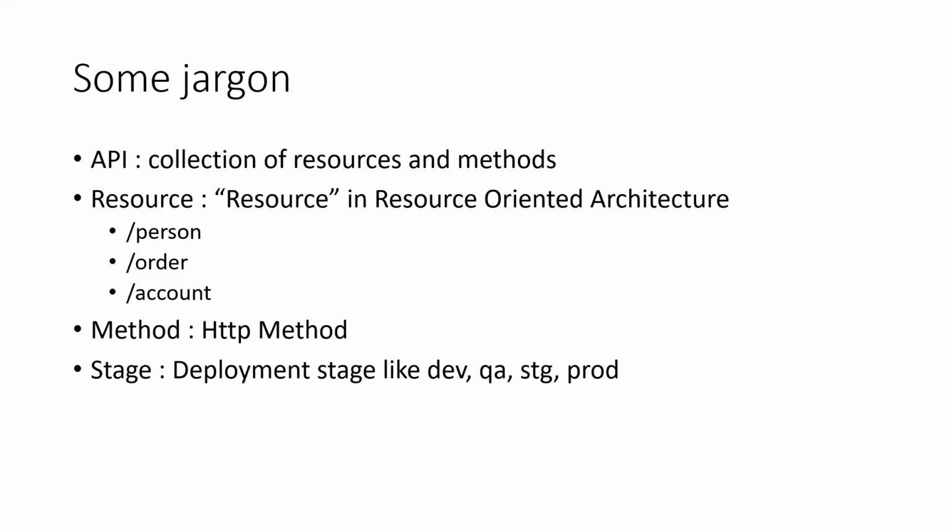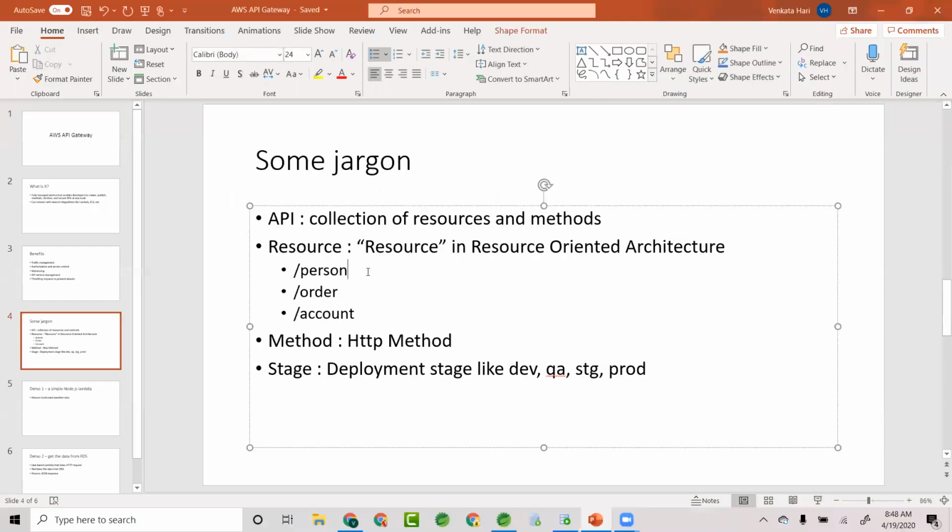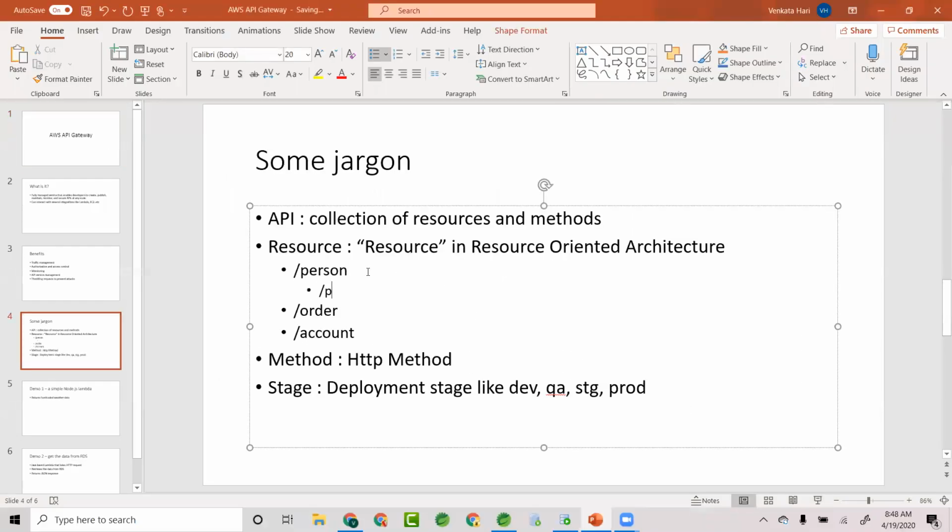Within each resource, you have multiple HTTP methods. The beauty of the resource-oriented architecture is that if I make a /persons call, and if I make an HTTP GET on it, in a REST taxonomy, /persons will give me get all persons.